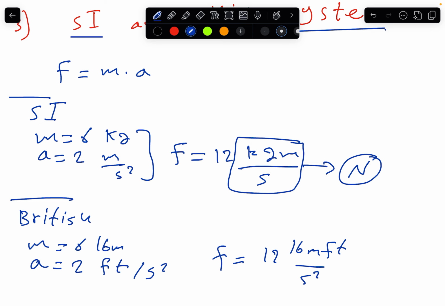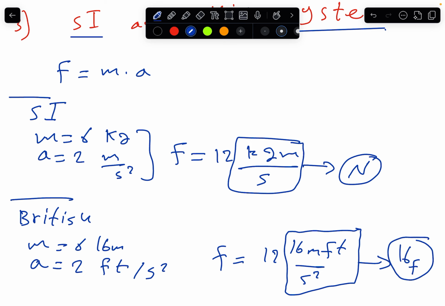Focus with me, guys. The force unit in the British system is pound force. Okay, it is pound force. Those units do not equal pound force, unlike the SI units.